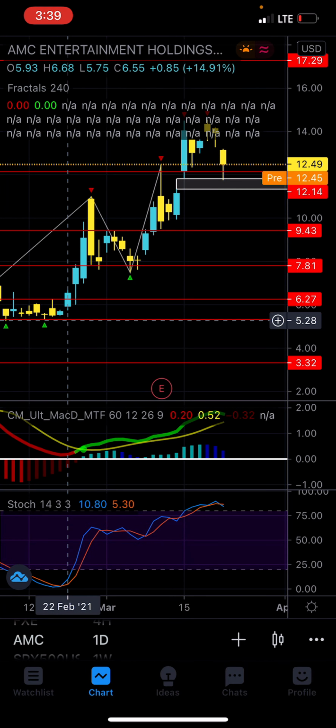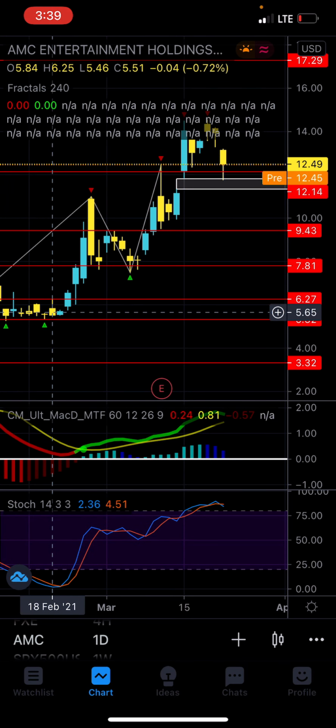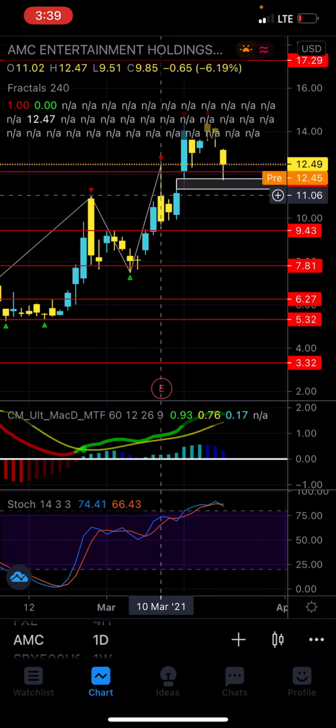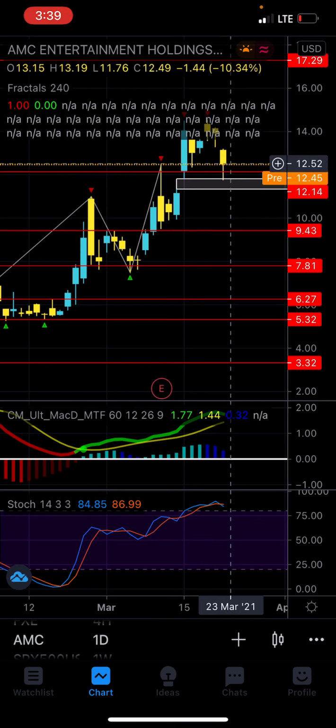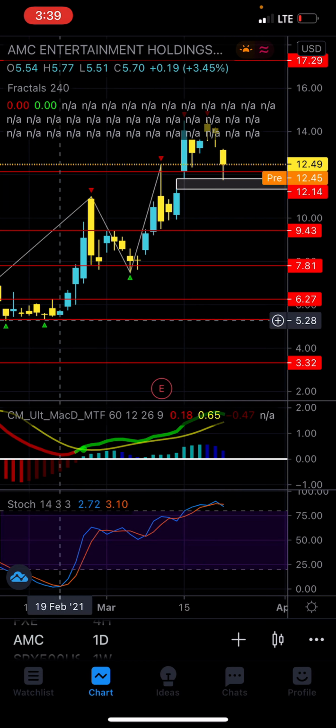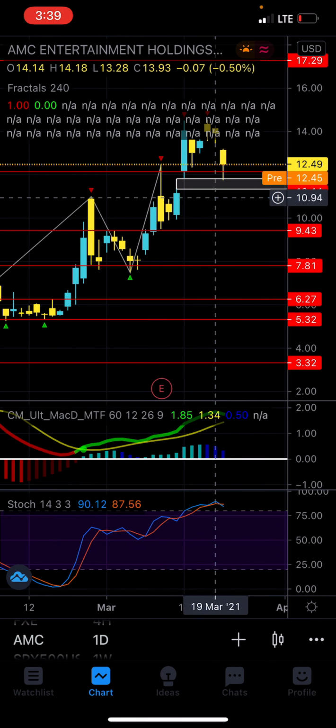But you guys can see the market structure. It's right here. We created a lower low, a higher low, lower high, higher high, and then we might create a lower high down here, which is this trajectory there.